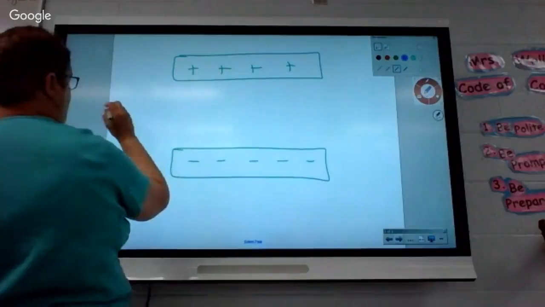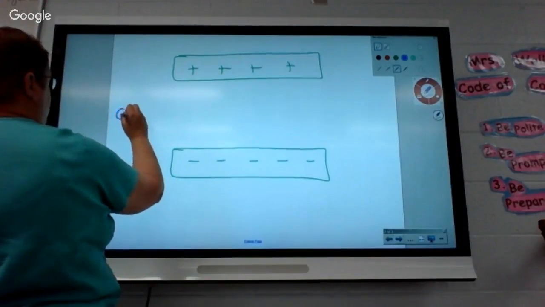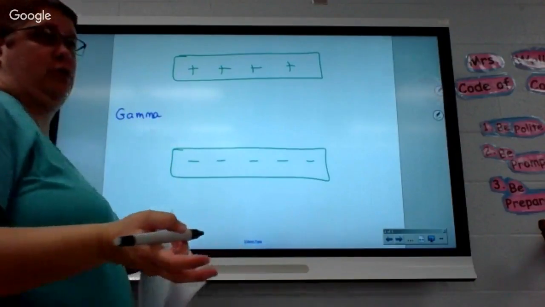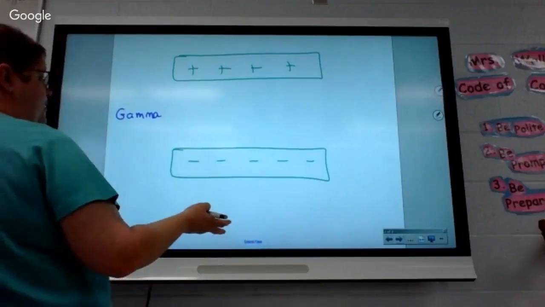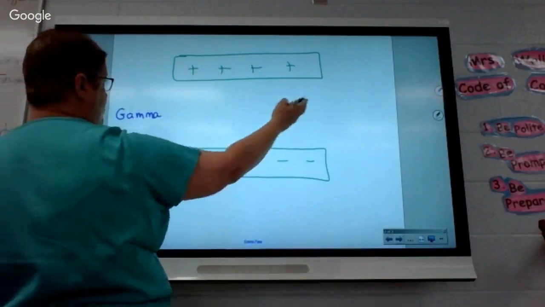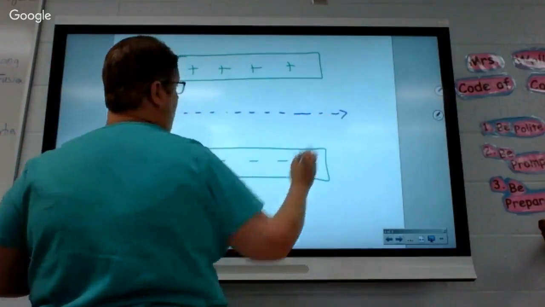If we have a gamma particle that goes through, does gamma have a charge? No. So gamma has no charge. So will it go towards the positive or the negative, or will it pass straight through? It will pass straight through. It won't go either direction, right?